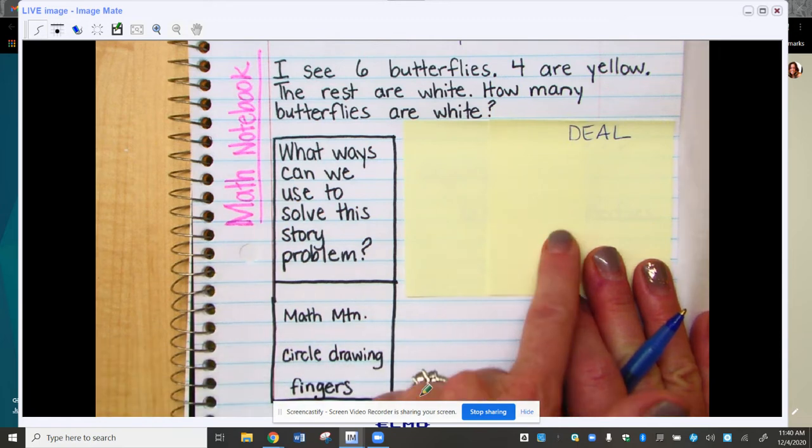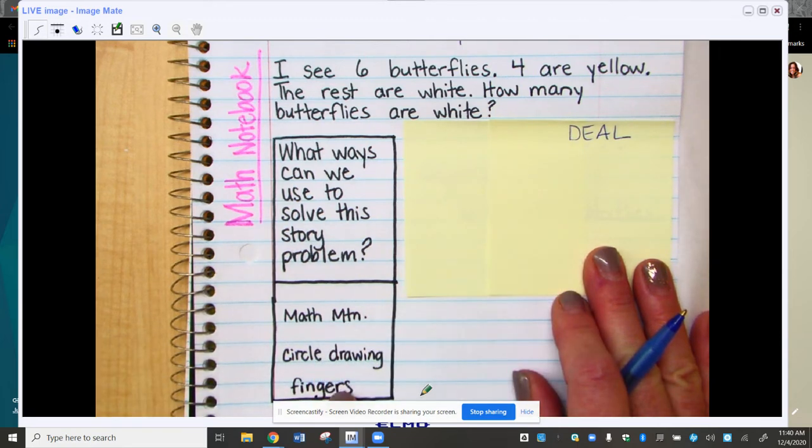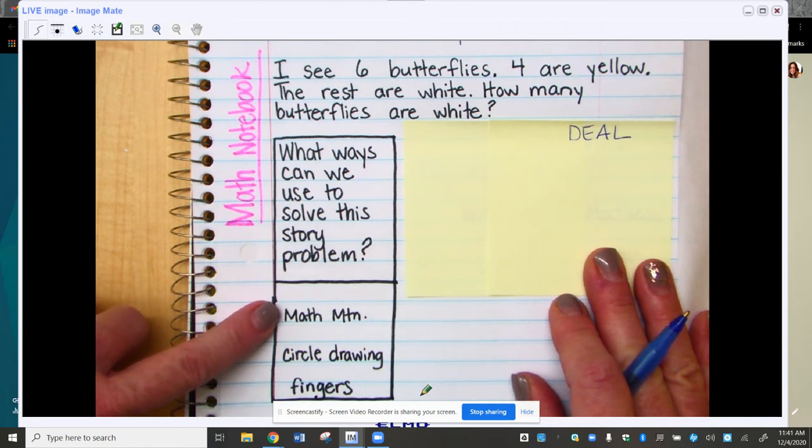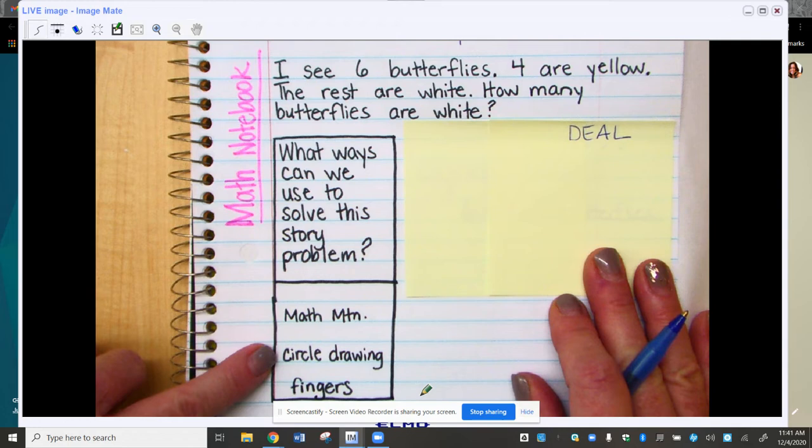Now, if we're showing the deal, you can imagine that the fingers would be a problem because you're not here with your teacher to show your thinking. And what if we come across an equation someday that requires more fingers than we have on our hands? That could be a problem. So it's still an option for some equations, but I think to show our thinking for our teacher, especially with remote learning, we're going to need to use a math mountain and or a circle drawing. Those might be your best bet right there.